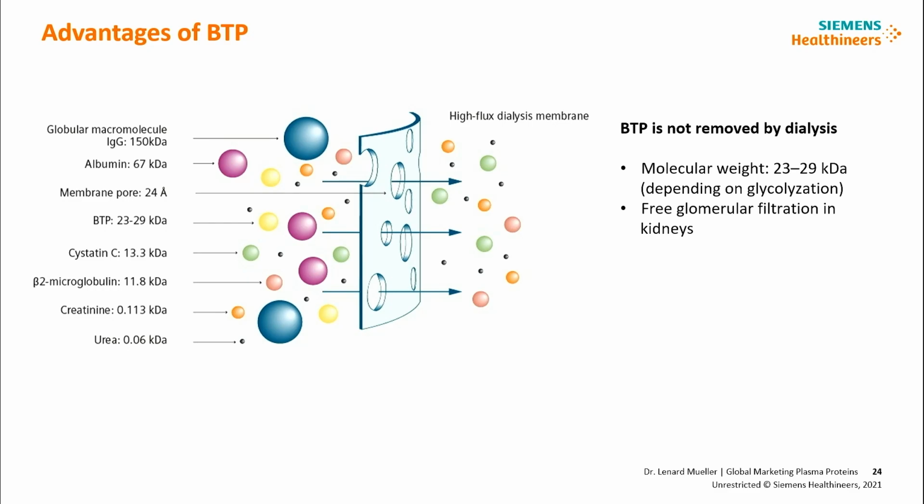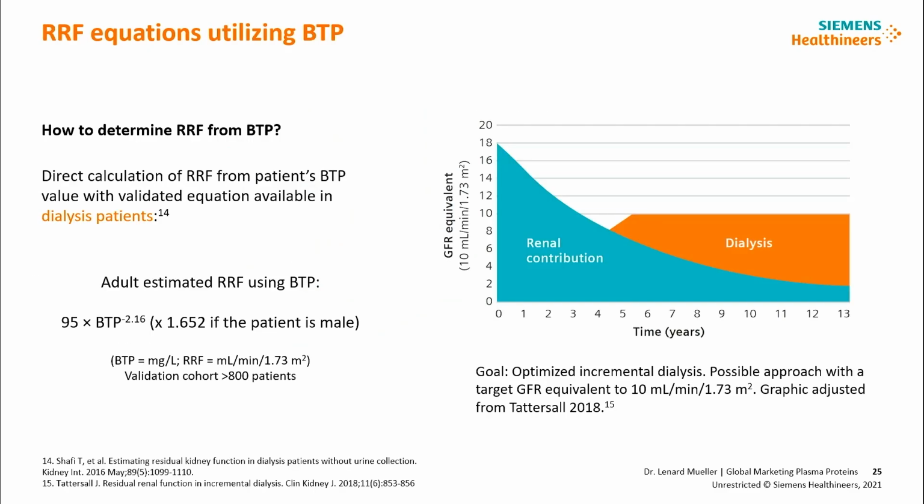And that's why they rely on the beta-trace protein, as you can see in this graph here, that we can rely on the beta-trace protein up to 10. It will indicate the status or the performance of the native kidney membrane, even if the patient has kidney failure and has to do dialysis every while.